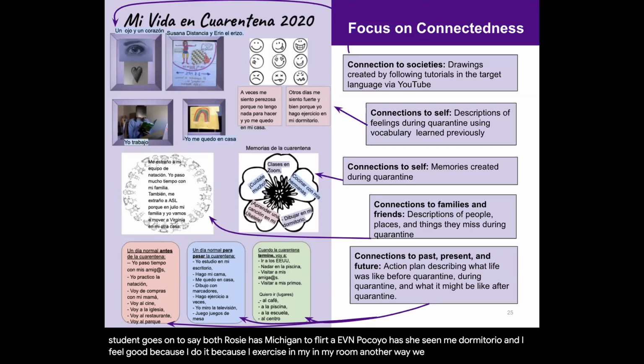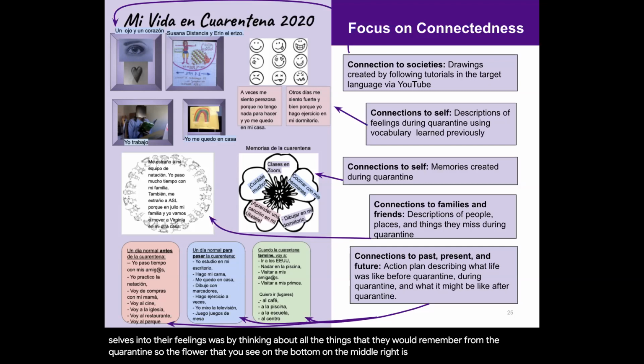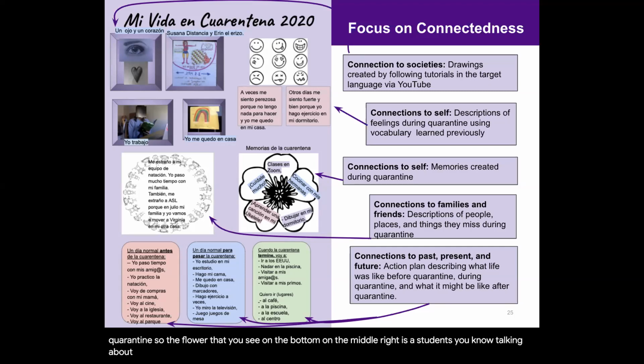Another way we had them connect to themselves and to their feelings was by thinking about all the things they would remember from quarantine. The flower on the middle right shows students talking about things they might remember. Phrases such as cuídate mucho, take care of yourself a lot, classes in Zoom, cocinar con mis hermanas.